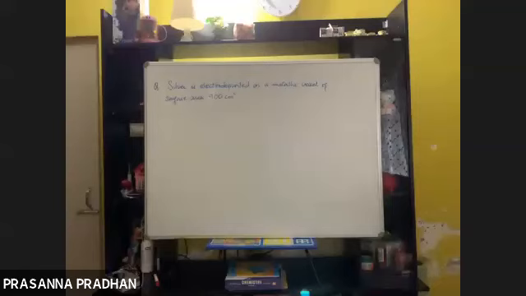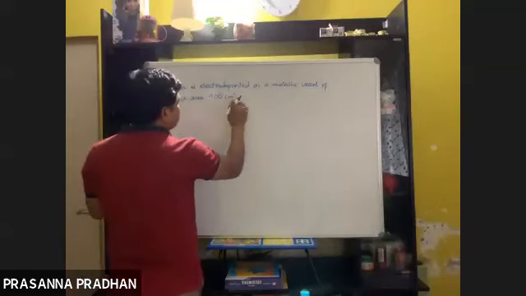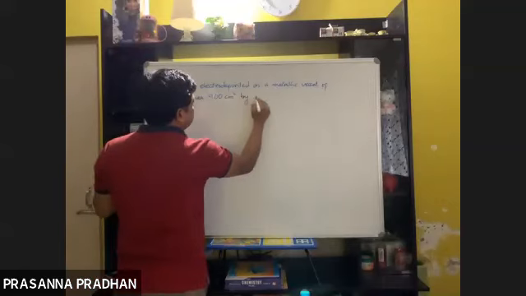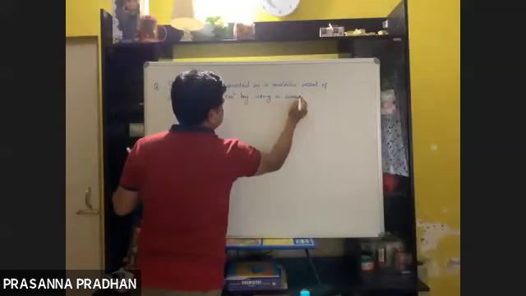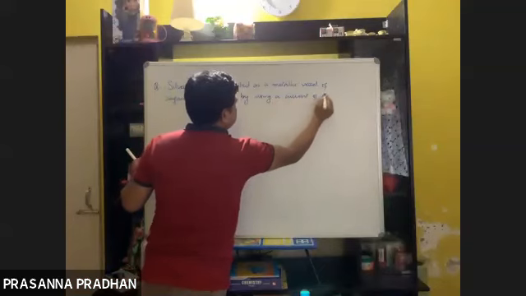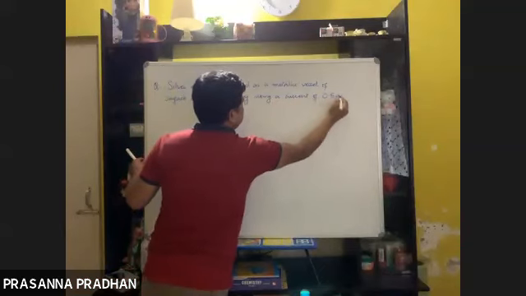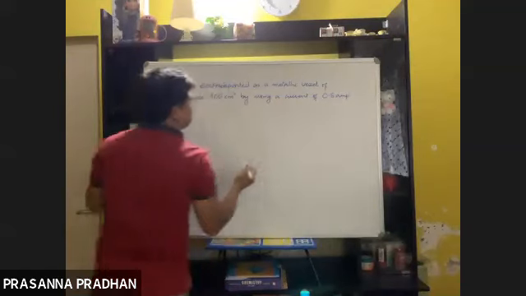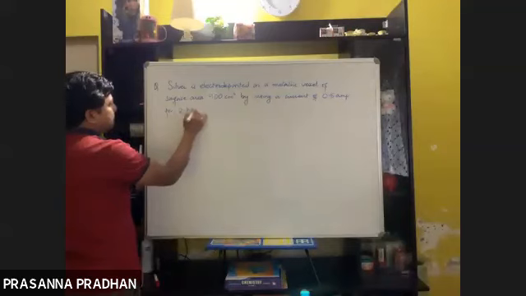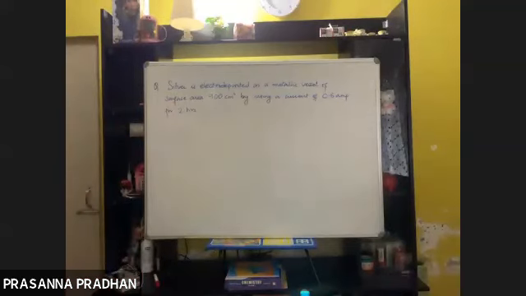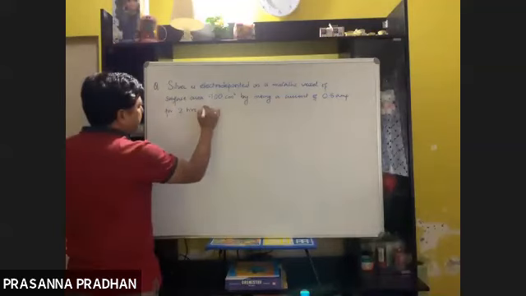Okay, so this is the surface area. By using a current of 0.5 ampere for 2 hours. Okay, for 2 hours. Calculate the thickness of silver deposited.